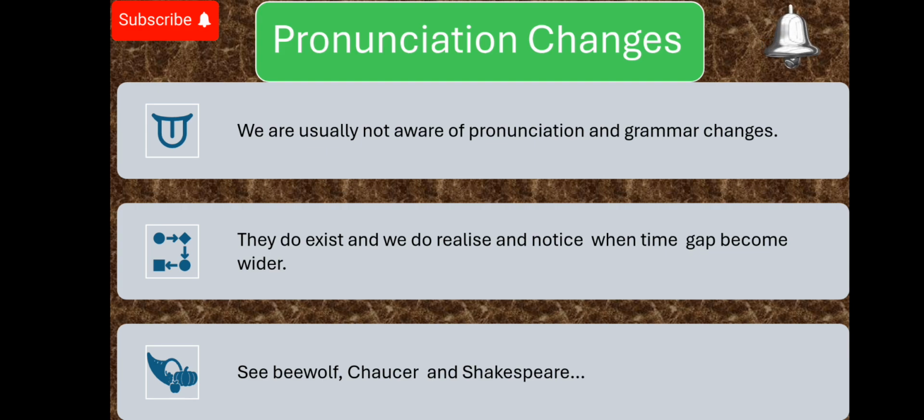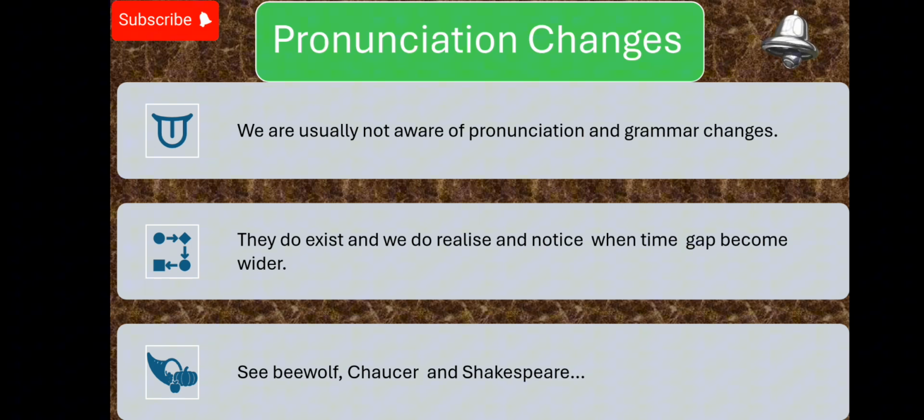Oh, this structure was used in the 16th and 17th century, but this structure is used differently today. So when the time gap becomes wider, then we realize. Otherwise, we are not aware of this change at the moment.